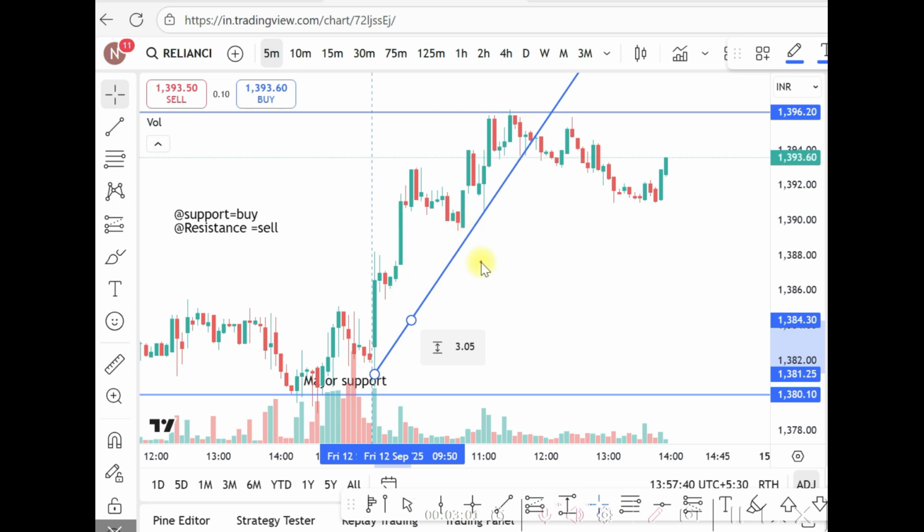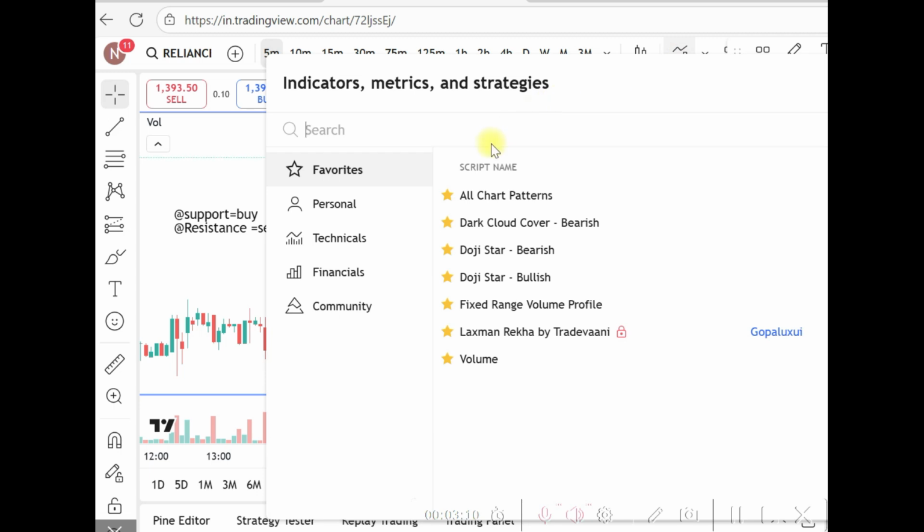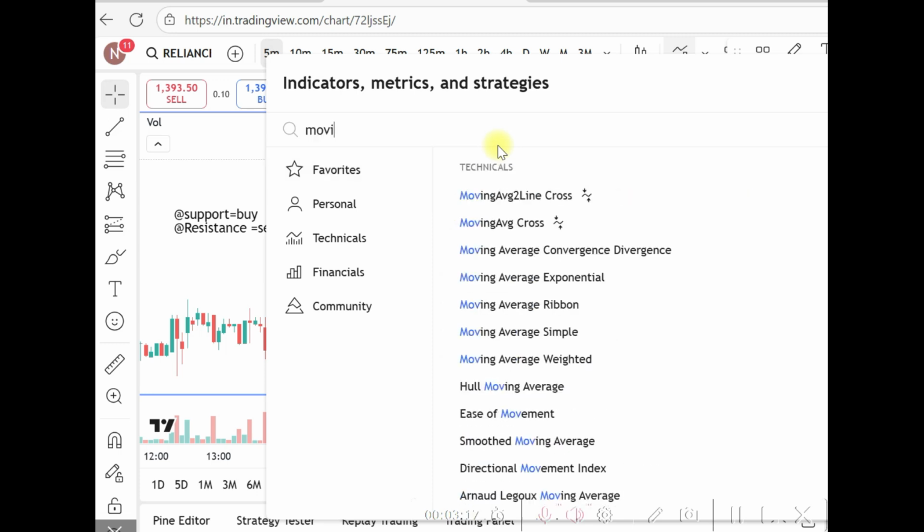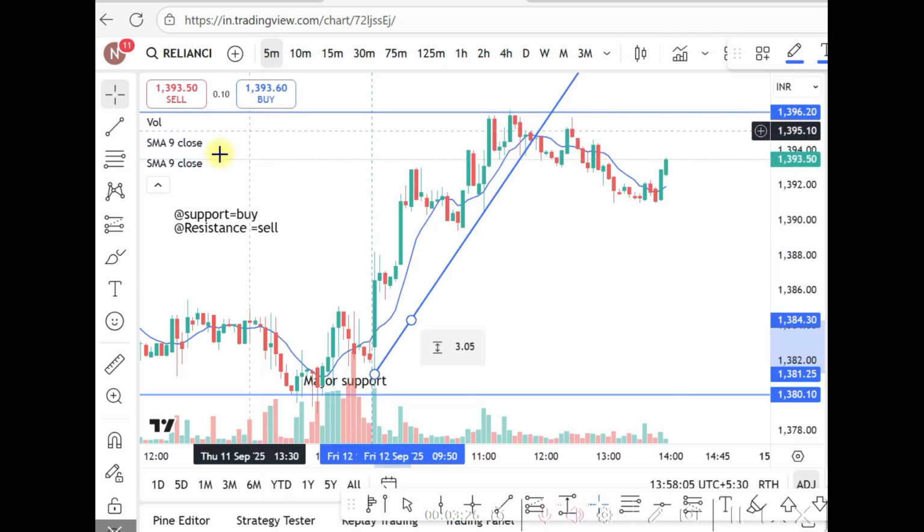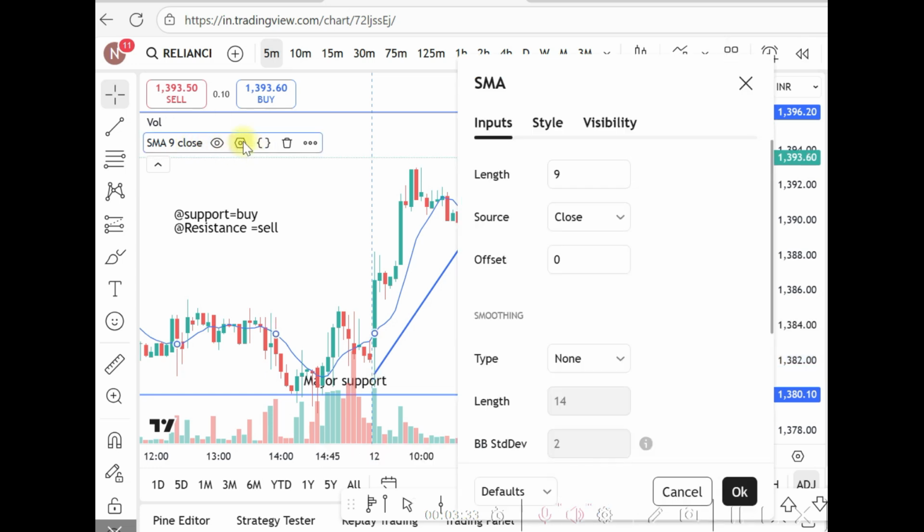Then on top of this, you can add a confirmation, like add the indicators. Click on this symbol, simply search moving average. Moving average is simple. Select this. Then click on the settings of this.